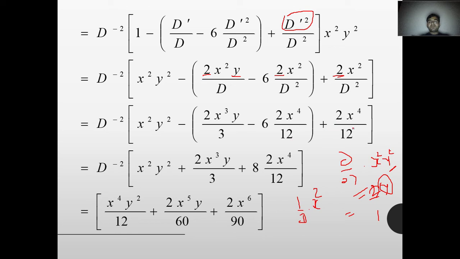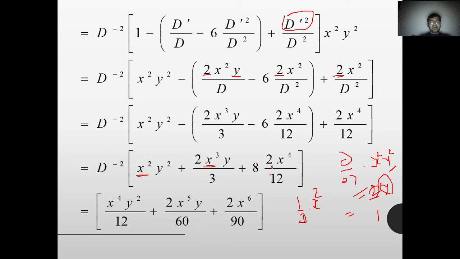Here we have to remove D raised to minus 2, so we take the integration with respect to x in the bracket. So double integration of x square is equal to x raised to 4 by 12, and double integration of x cube is equal to x raised to 5 upon 30, and double integration of x raised to 4.